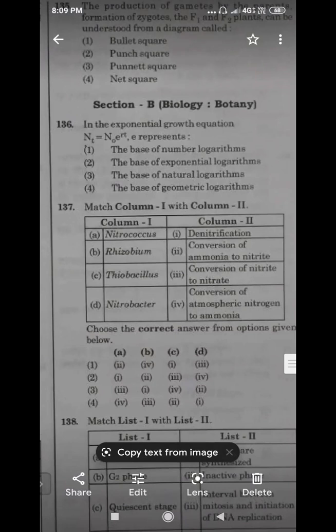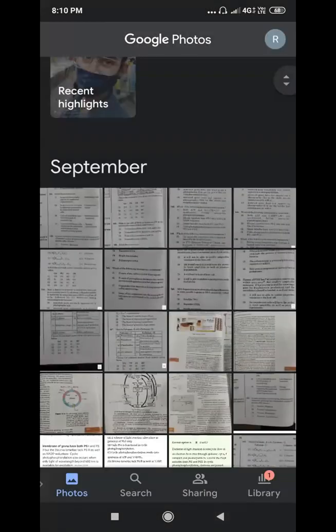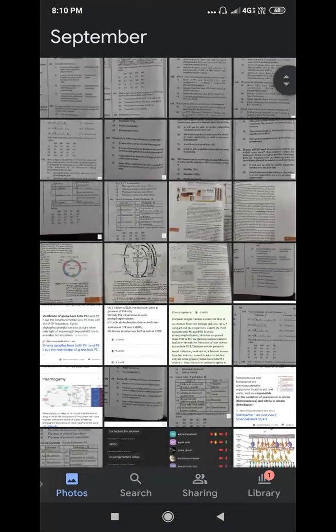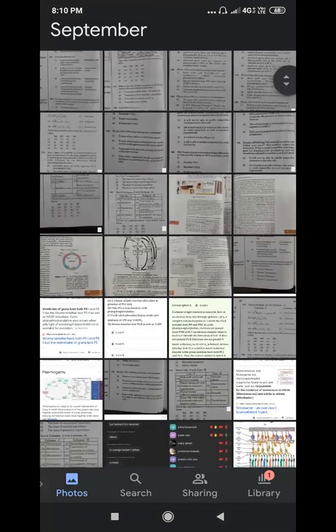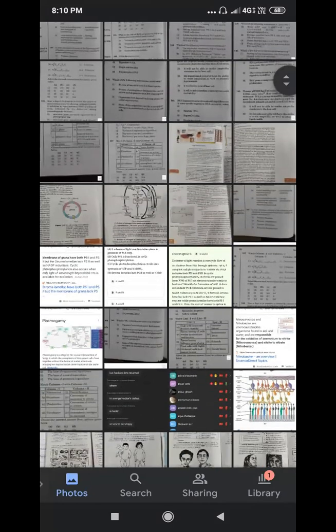And e represents the base of natural logarithm. This is also there in the NCERT book. I would like to share the page. It is a direct question from the NCERT. I hope that you can see this page. Just a minute.